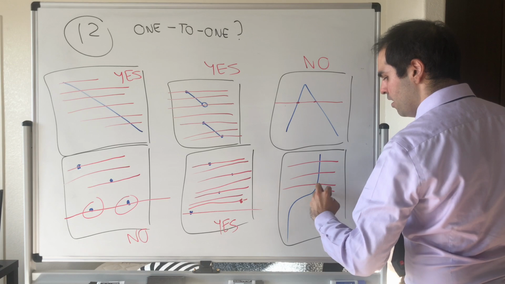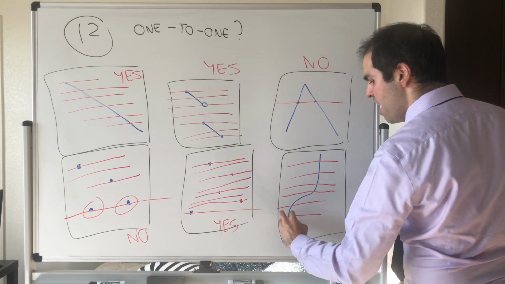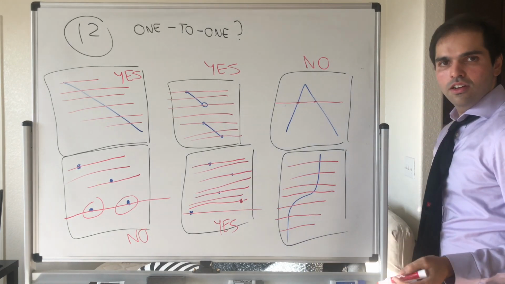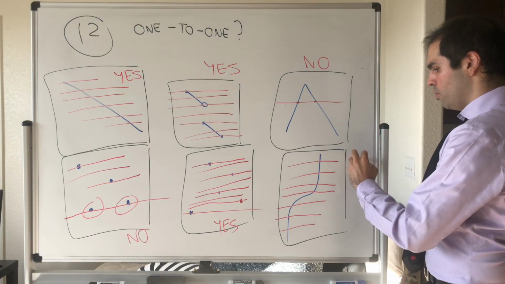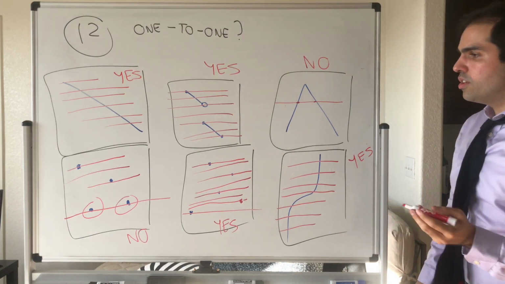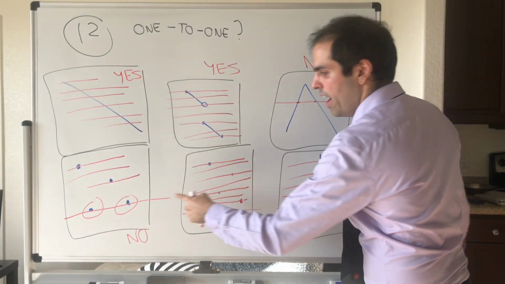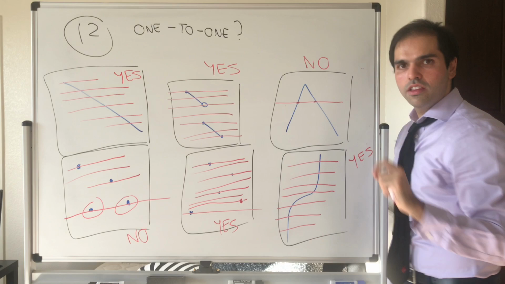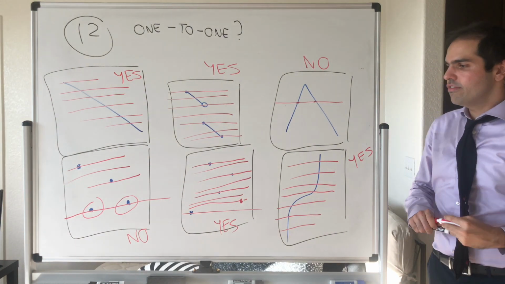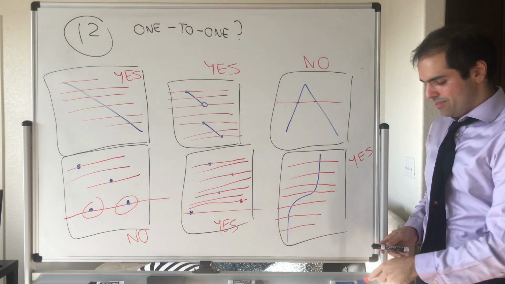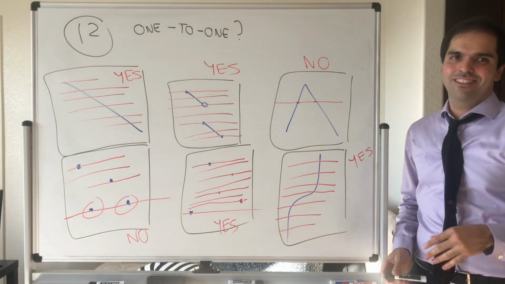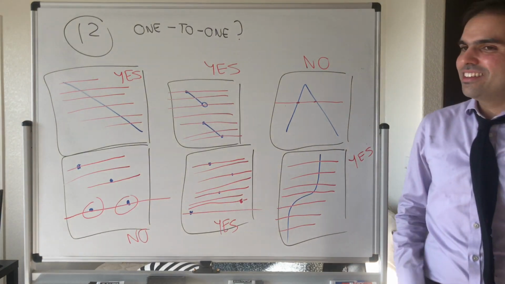Well, again, it goes through every horizontal line once, so it is also 1-to-1. So it turns out everything is 1-to-1 except this picture, the triangle, and this picture with the dots of the same height. Everything else is 1-to-1. Okay. So again, horizontal line test, pretty cool. Highly recommend. All right, next question.